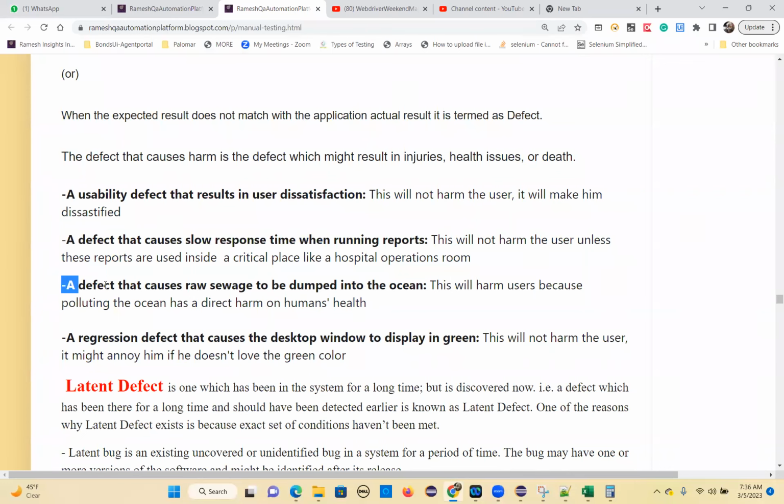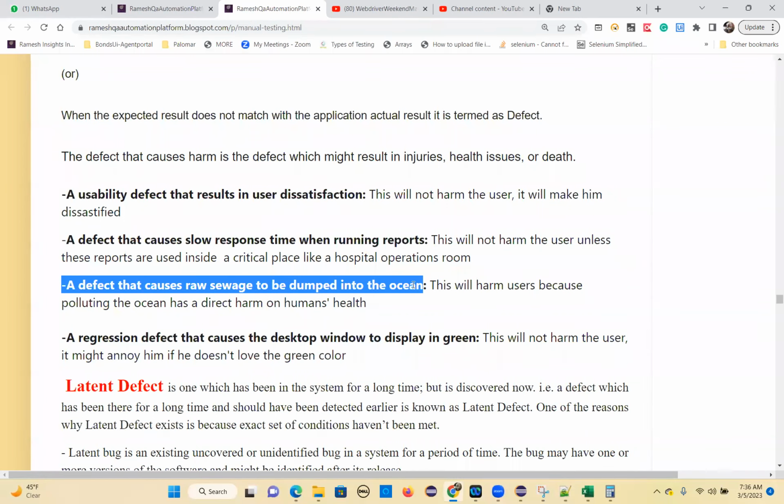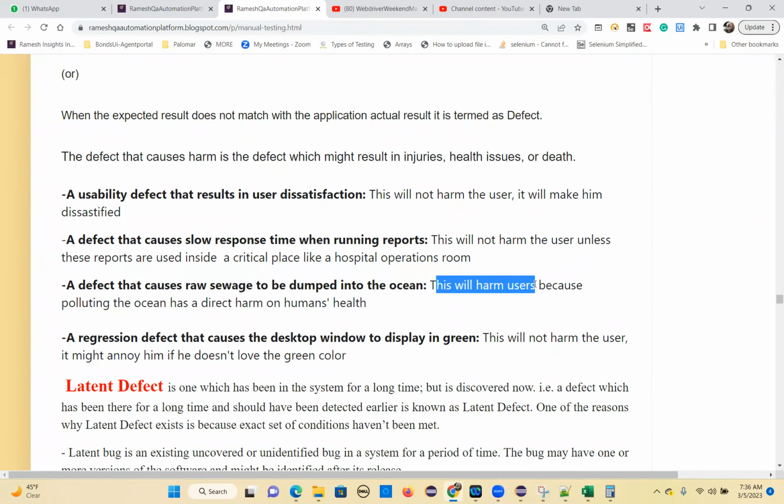Suppose a defect causes raw sewage to be dumped into the ocean. This will harm the user, right? It will create pollution. In the same way, any functional bug, where functionality is broken or not working, is going to be very, very crucial. So you have to take care of all the links, all the functionalities, and all the checkboxes, whether they are properly checked or not.